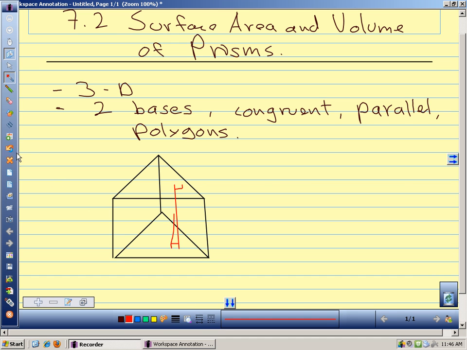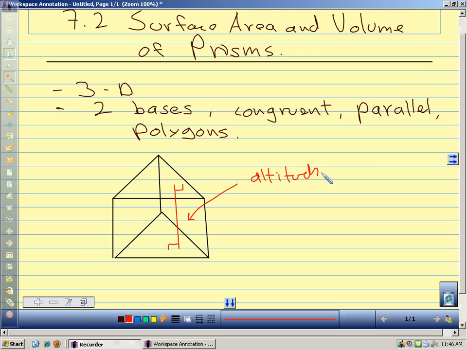Somehow I got an extra line there. There we go. So there's our segment that we're interested in, and the segment is called the altitude. And it is how we find the height. So it's like we did with triangles or parallelograms or trapezoids.